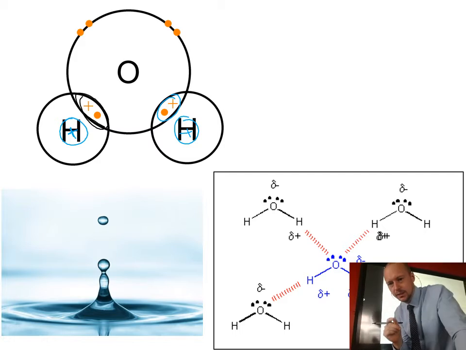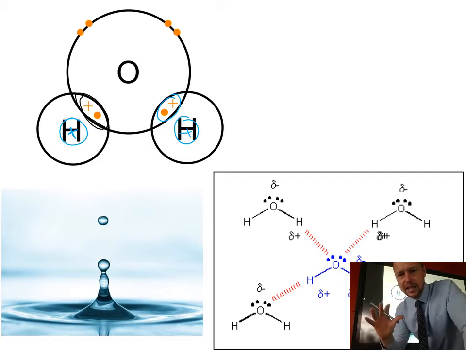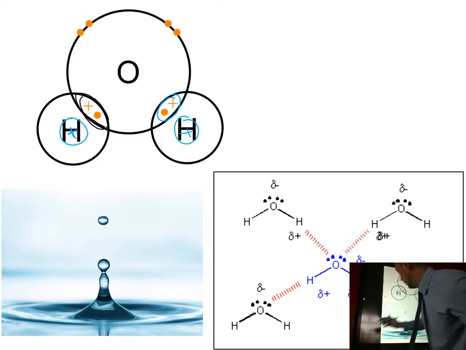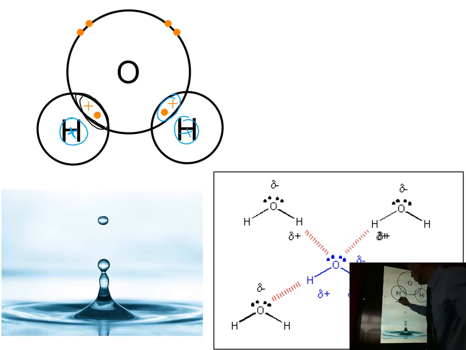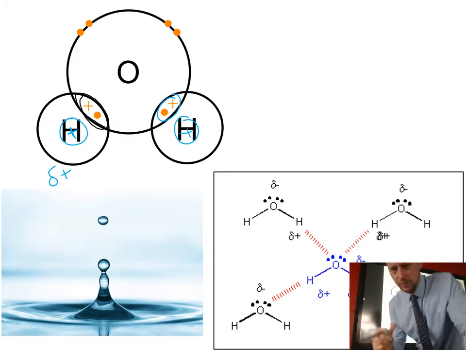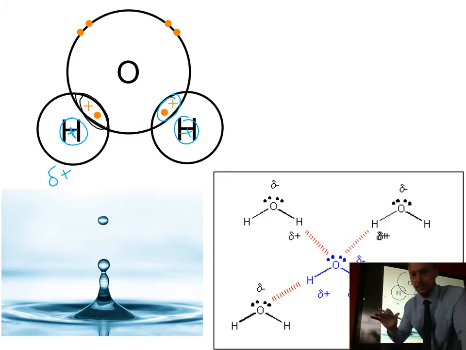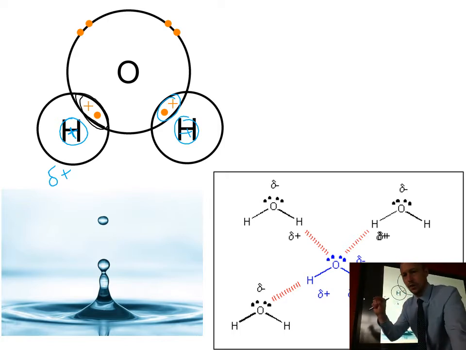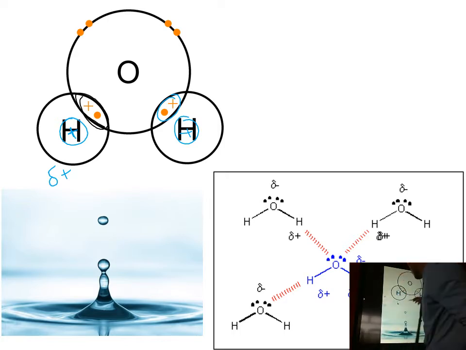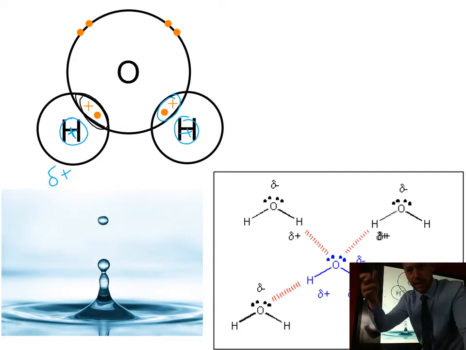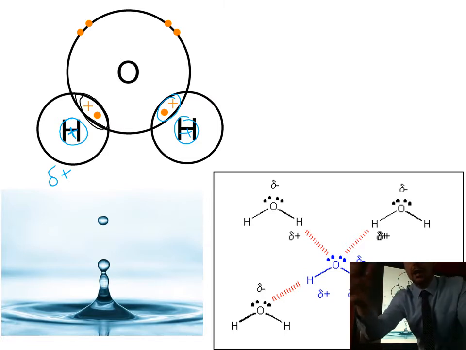So what that means is the hydrogen has a slightly more positive side because of this proton. If you do A-level biology, you say this is delta positive. It's basically slightly more positive than the rest of the atom. So part of the atom is positive, and part of the atom is negative because the oxygen has electrons on its outer shell that aren't getting shared with the hydrogen.